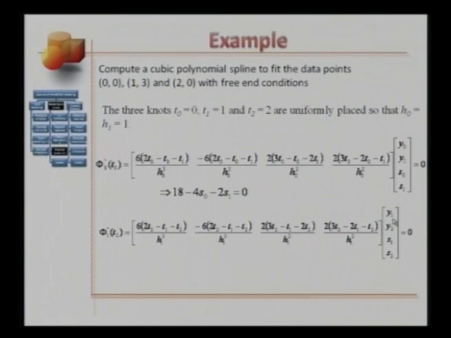The column here will have y1, y2, s1 and s2. Working on this equation gives us 18 plus 2s1 plus 4s2 equals 0. We have this equation in s0 and s1, and we have this equation in s1 and s2.